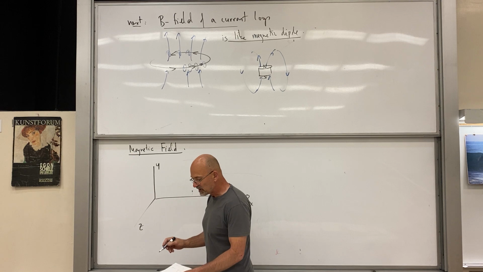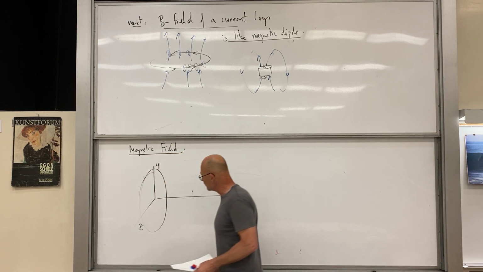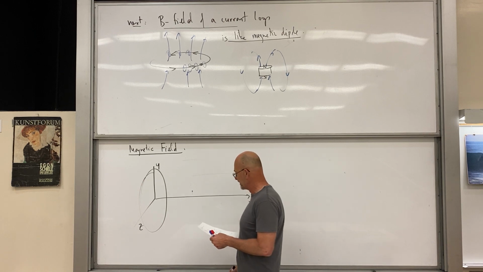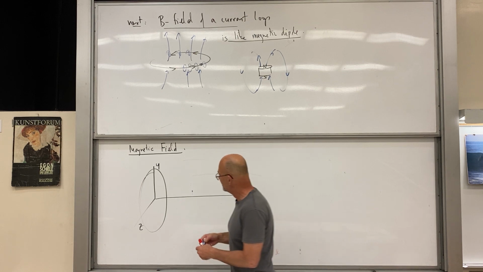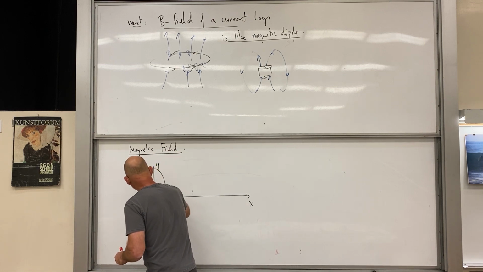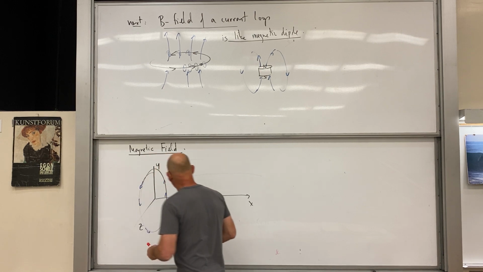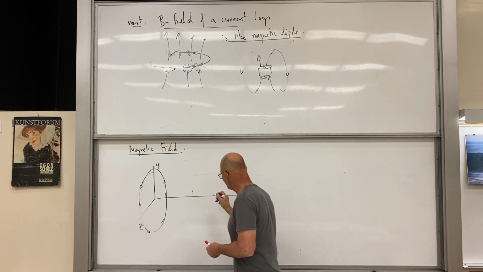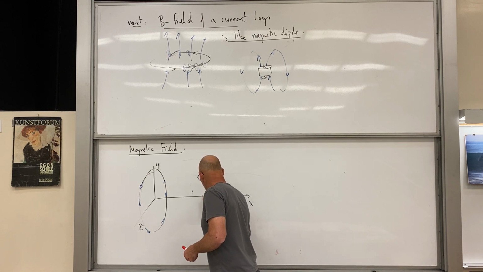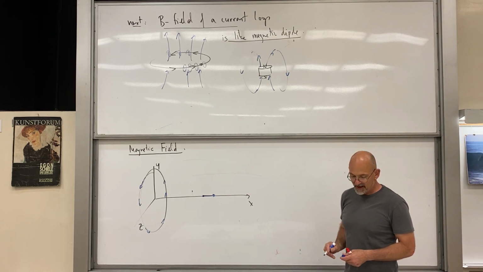In the YZ plane is where we have our loop of radius r, and all of the little vector product circuit elements here are going to just give us a field at this point here pointing in that direction, by our right hand rule.